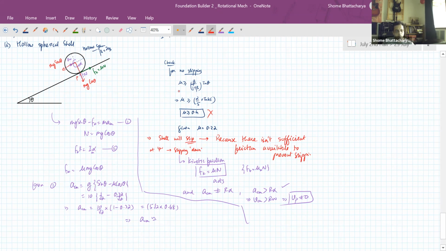That's about 4.76. And from the second equation, now we can calculate the alpha.